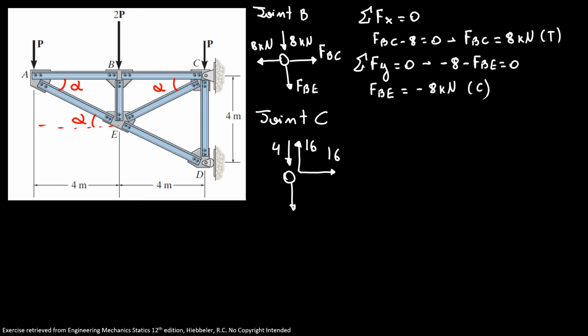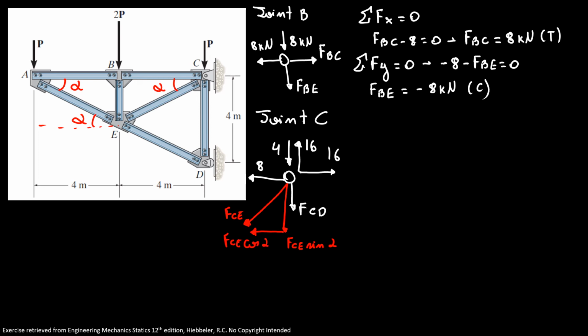I have my force CD that's in tension, and here we just discovered our force BC is 8 kilonewtons in tension, and now I'm gonna put our force FCE in tension as well. So pointing down, we have FCE sine of alpha, and here we have FCE cosine of alpha.